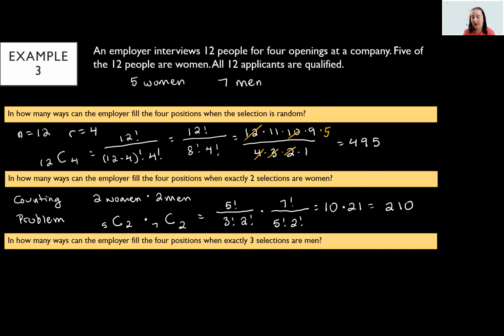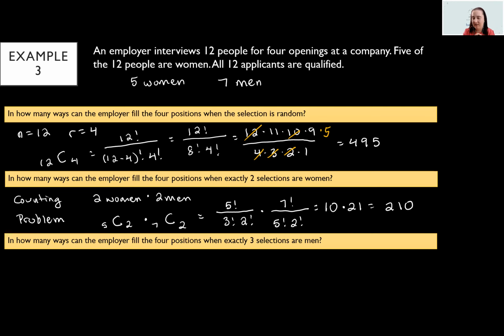So next one here, in how many ways can the employer fill the 4 positions when exactly 3 are men? So let's say they want to have 3 men, and then that leaves the 4th position to be a woman. And the key word exactly here is key, because exactly means that then the other ones have to be women.